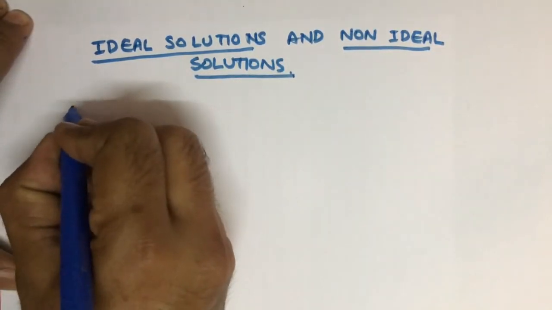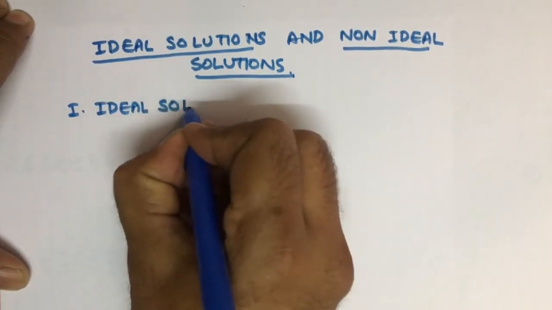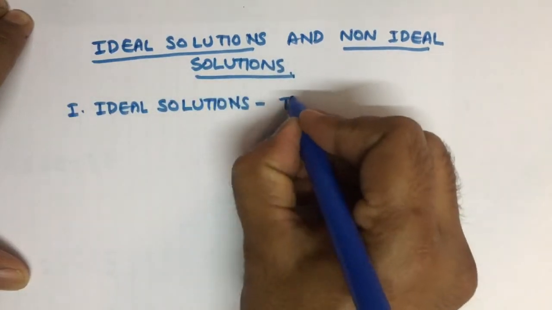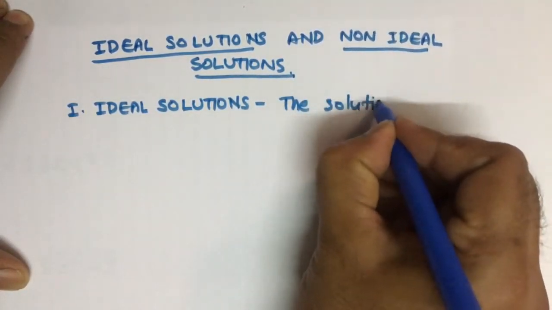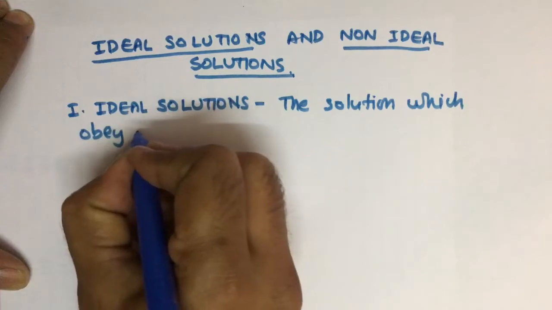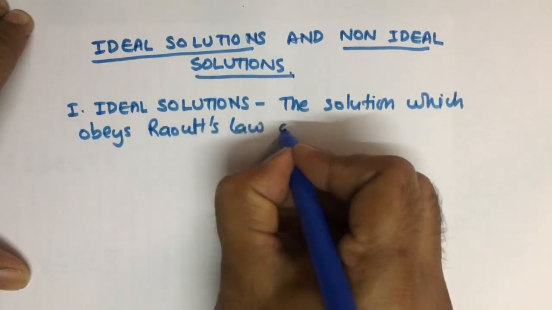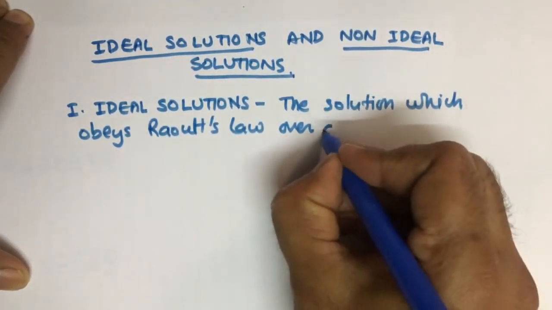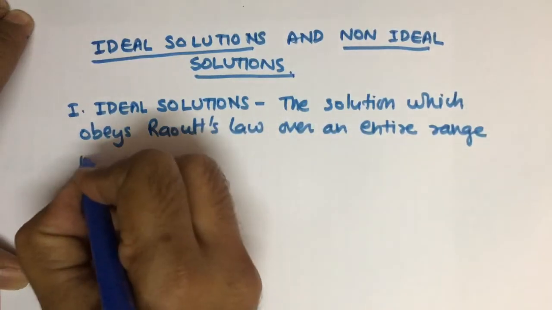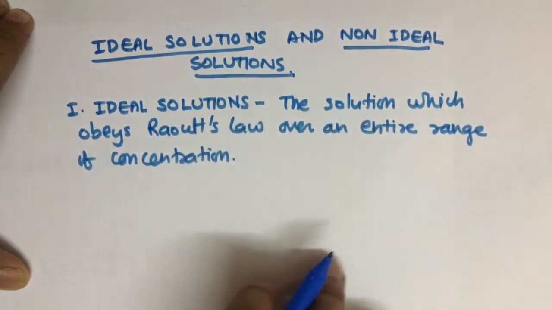So first is ideal solutions. Now it is defined as the solution which obeys Raoult's law over an entire range of concentration.